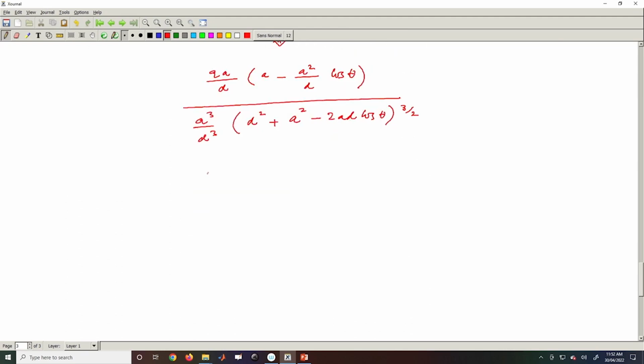So, let us simplify this more. If I put this upward, then I simply have q and this d goes upward.